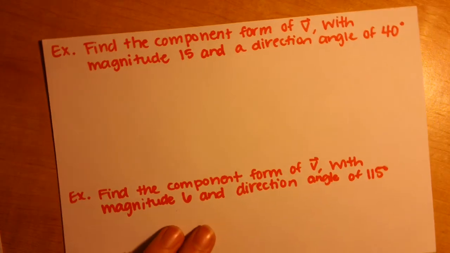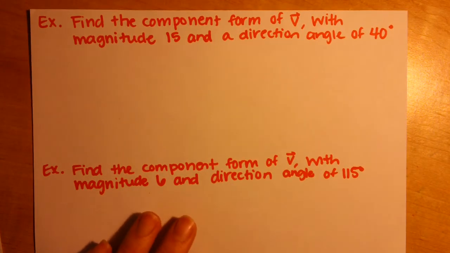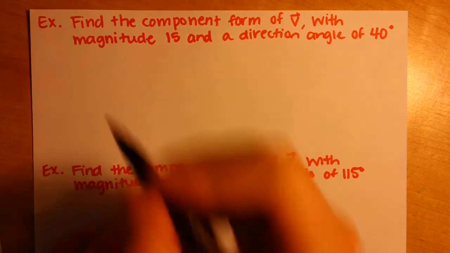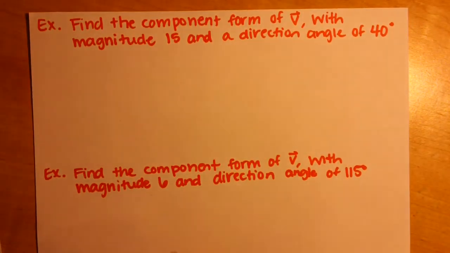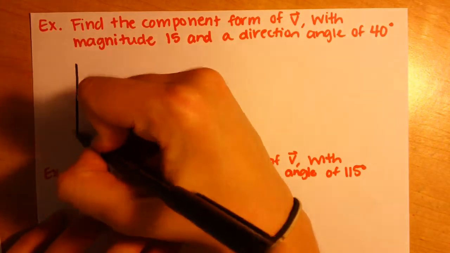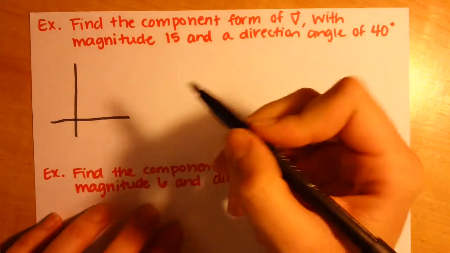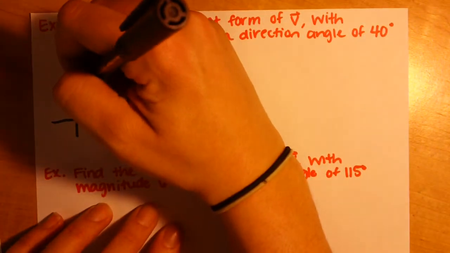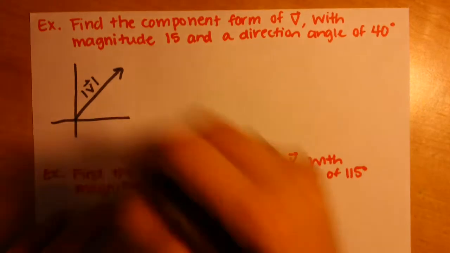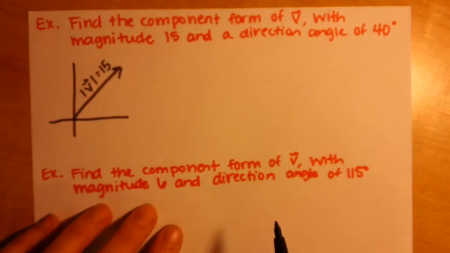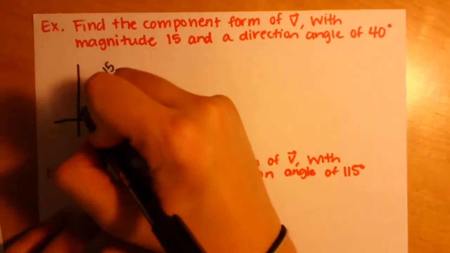So now, let's look at some examples. I want to find the component form of the vector v with magnitude of 15 and a direction angle of 40 degrees. We want to try and stay away from drawing our triangle every time, but for purposes of seeing it to start, we'll draw a triangle. This is our vector, the magnitude of v, and we know the magnitude is 15. We know it has a direction angle of 40 degrees.